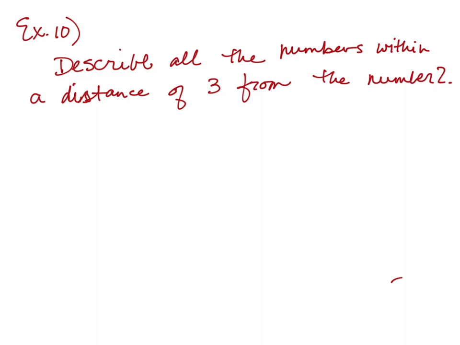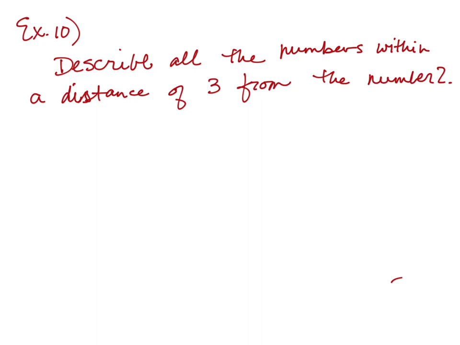Describe all the numbers within a distance of 3 from the number 2. So I want you to tell me how this equation or inequality is going to look. What's the distance? 3. Within a distance of 3.